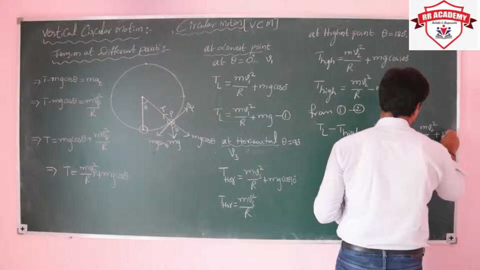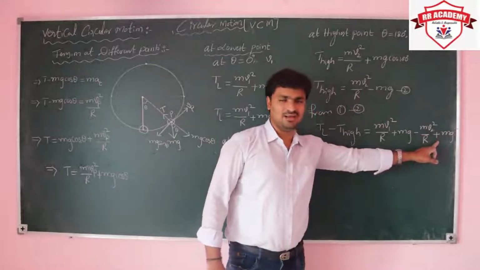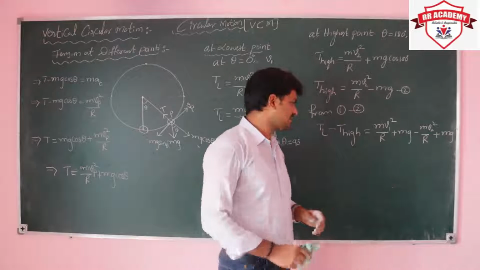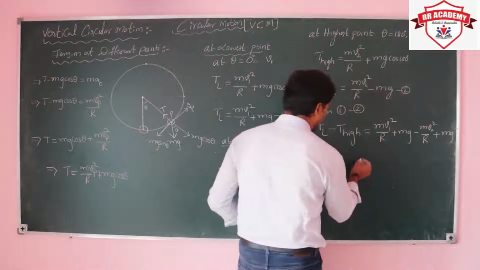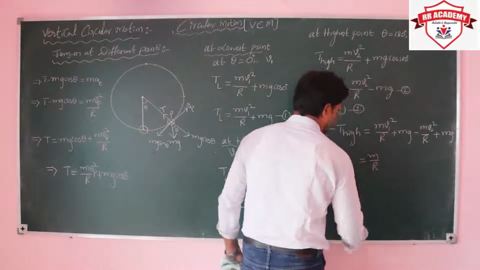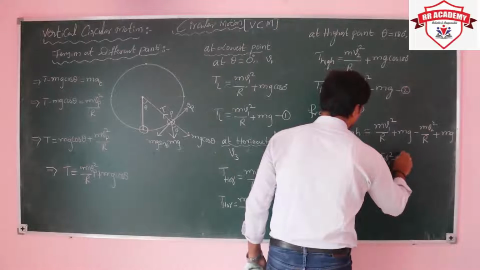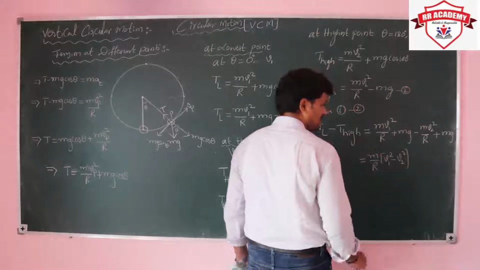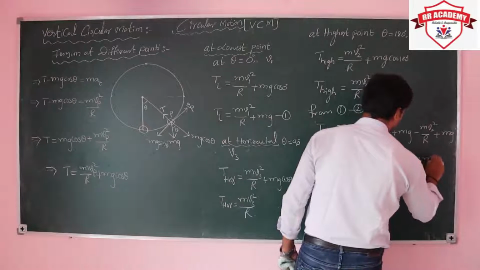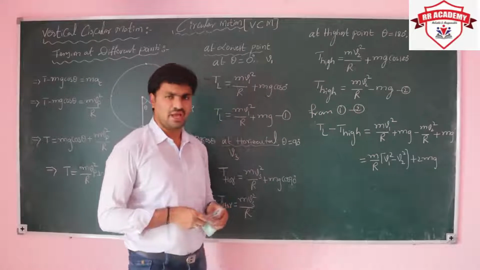Minus of minus becomes plus. Now we can take m by r common. The remaining is v1 square minus v2 square plus 2mg.